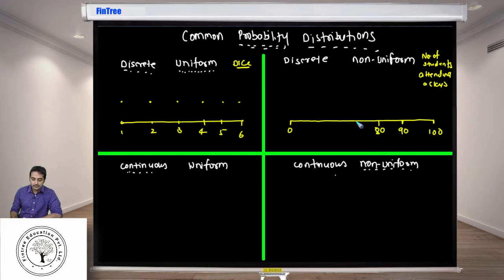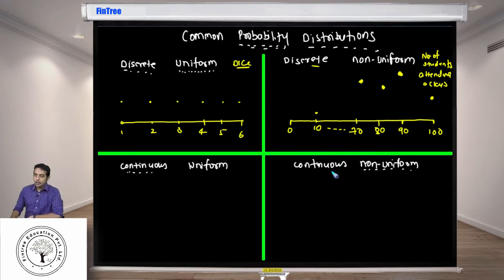Ignore the scales. You will have extremely high frequency in the range of 90, and then maybe some frequency around 80, some frequency around 70, some frequency at 100, and then it will very rarely happen that there are only 10 or 20 people attending a class. So then we have a distribution here. It is still discrete, but now it is a non-uniform distribution. Is that making sense? Yes, no?